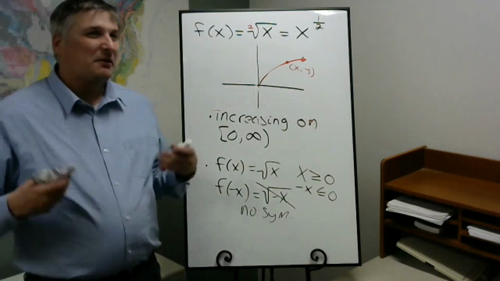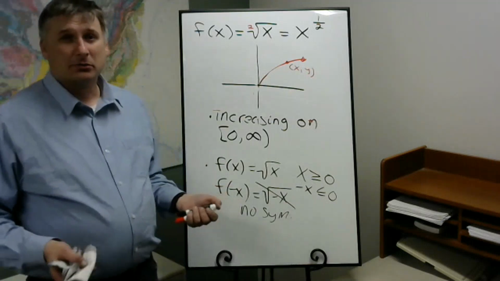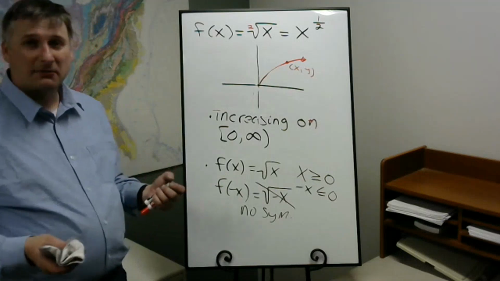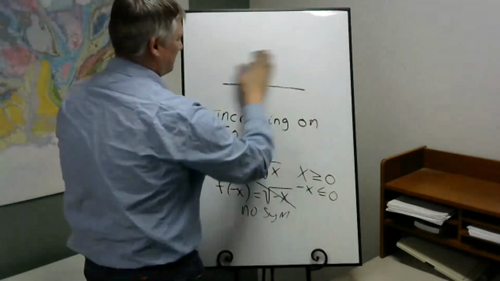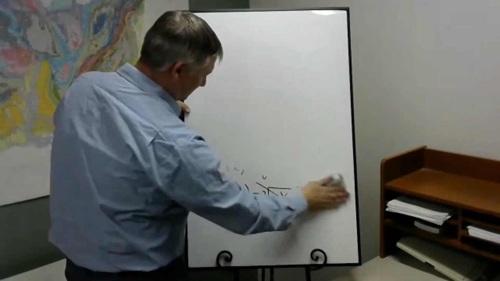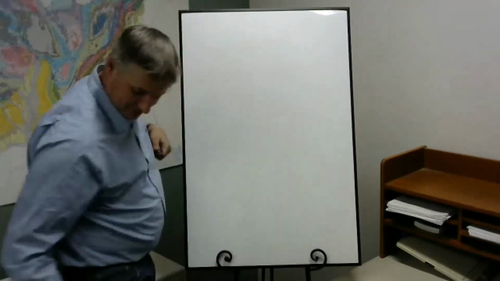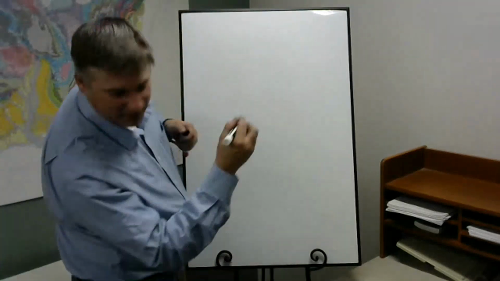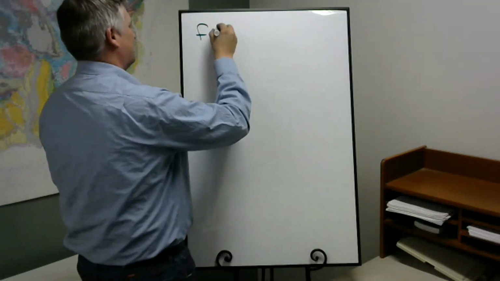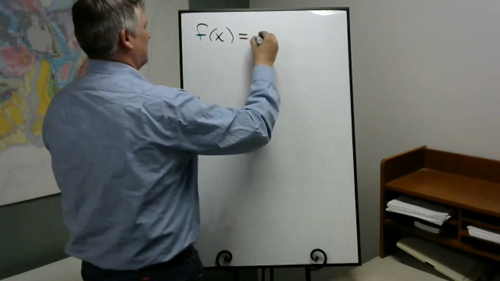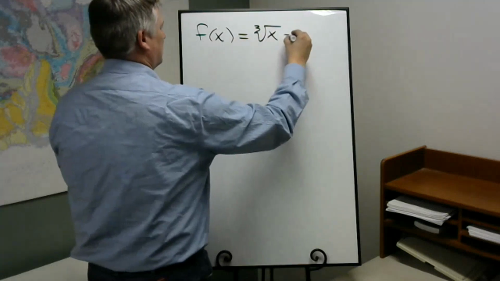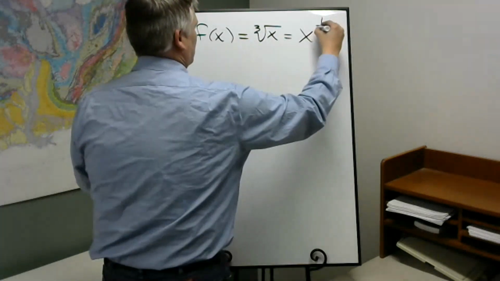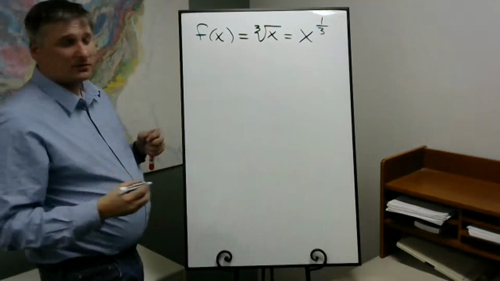Now let's take another look at another canonical root graph, x to the 1/3. So this is x to the 1/3.